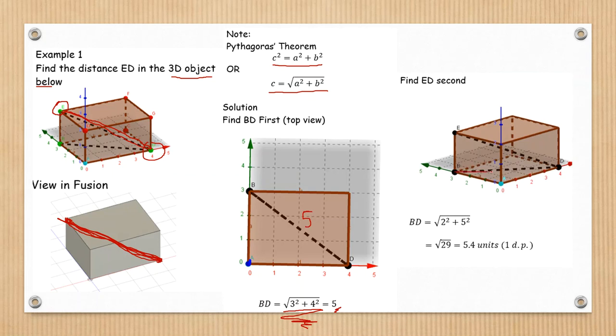This distance is 2. So now we can use Pythagoras' theorem. 2 squared plus 5 squared is 29. The square root of 29 is 5.4 units.